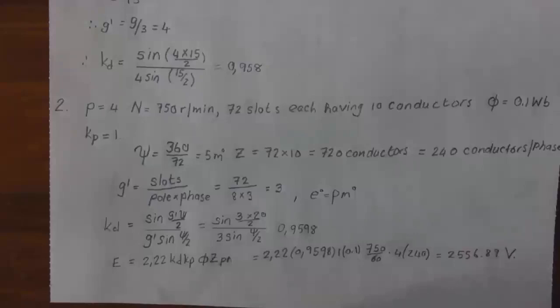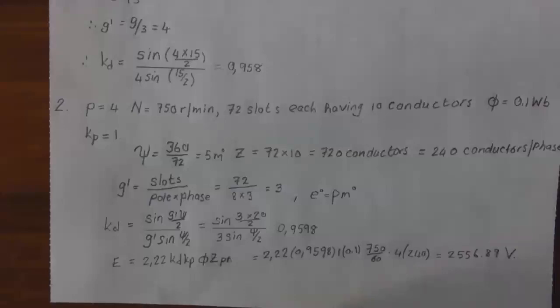And Z is equal to 72 slots with 10 conductors. So that gives us 720 conductors in total. Remember, we are working per phase. Therefore, we divide by 3, which gives us 240 conductors per phase. So G dash is the slots per pole per phase. So that's 72 divided by 8 divided by 3, that gives us 3.